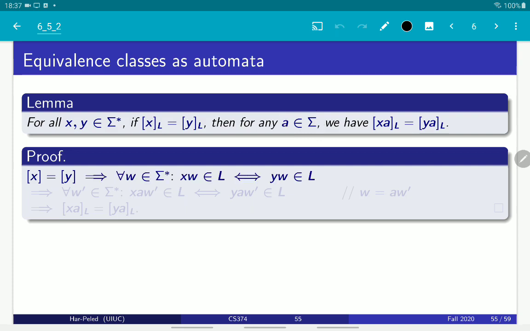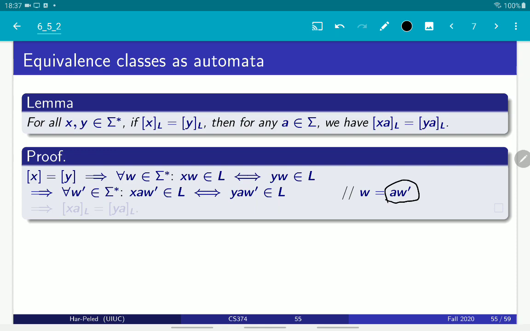And the proof is kind of immediate, because if x and y are in the same equivalence class, then for every w, xw is in L if and only if yw is in L. That's the definition of being equivalent, which means being in the same equivalence class. And now the trick is that I'm going to restrict w to a string a w prime for some string w prime.